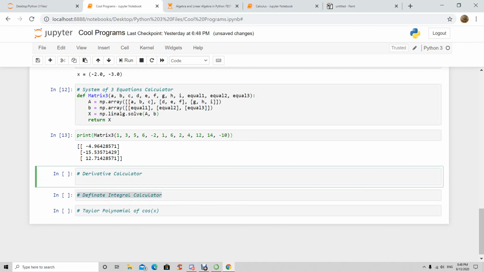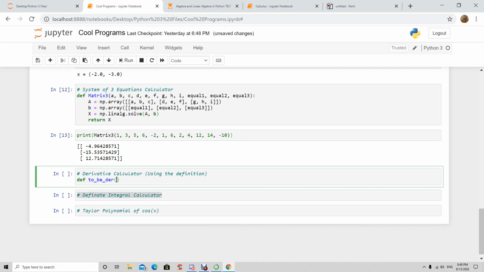So, derivative calculator, using the definition. Okay, so this doesn't require any imports, it's just some basic approximation to the derivative of a function. So let's define a function to be taken, so basically to be derived here.